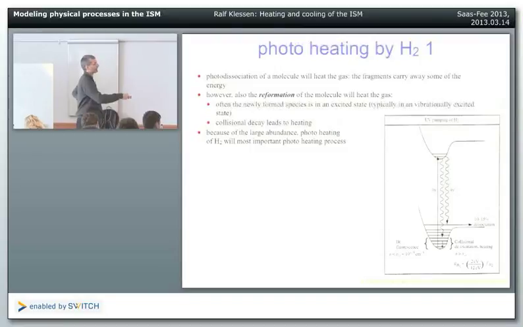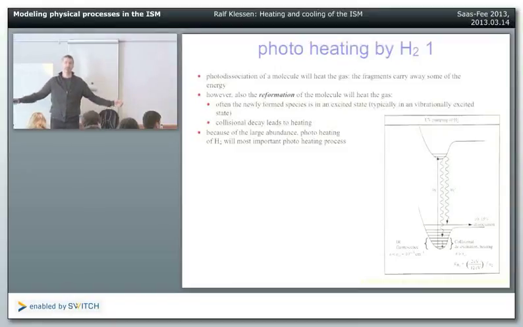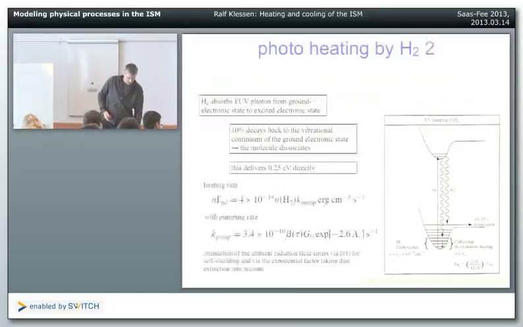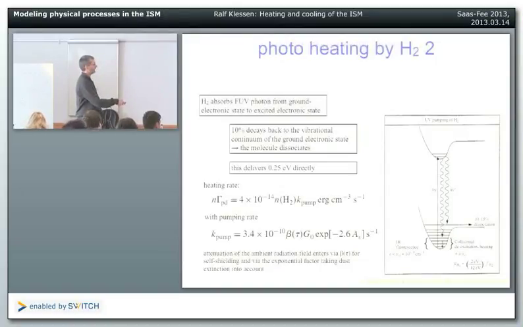So that means it comes back, but it has too much energy bound together, so it will dissociate. 10 to 15% of the molecules do that, and this gives you right away something like 1.25 electron volts directly. We can calculate heating rates. You need to take care of the photon escape probability, etc. Extinction by dust and self-shielding is important. Self-shielding is expressed by the beta escape probability, shielding by dust by the extinction. These two together give you the immediate heating rate.